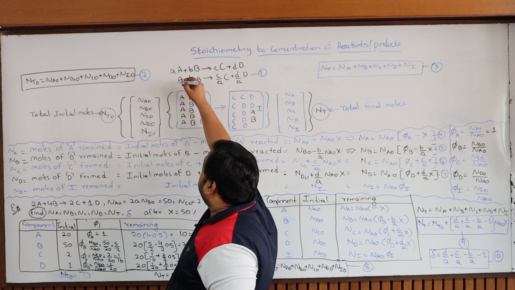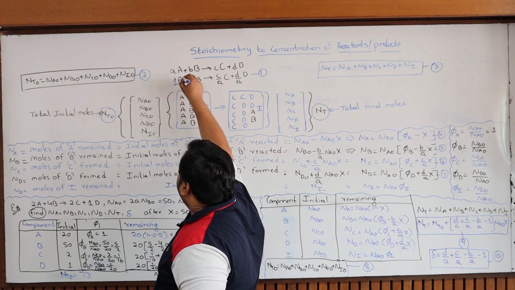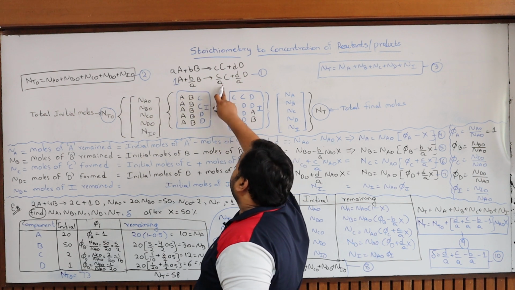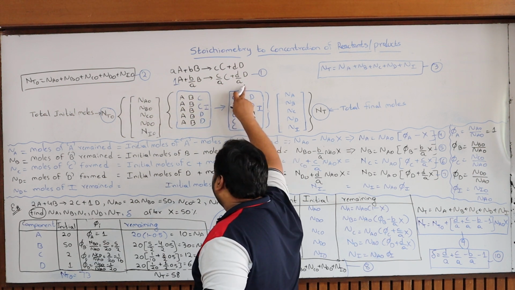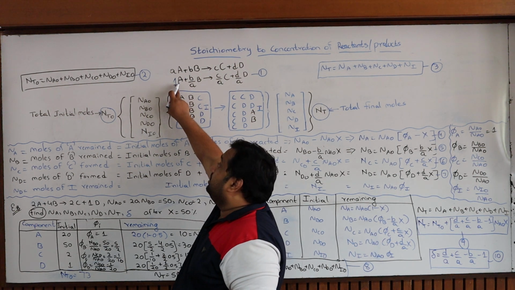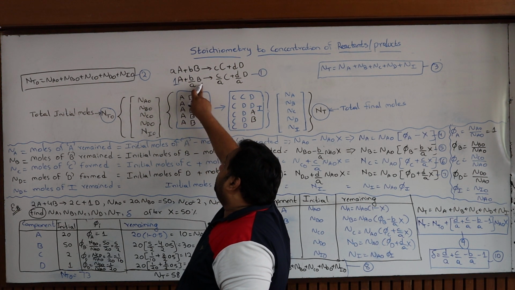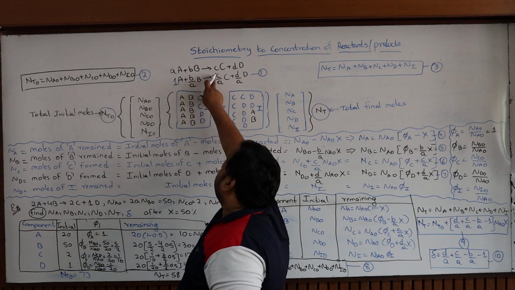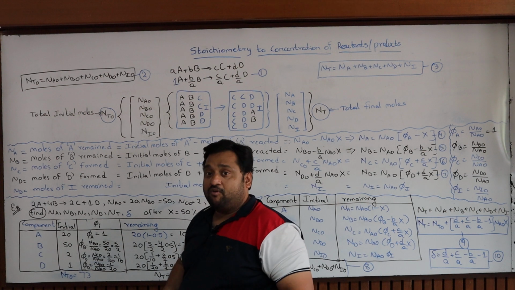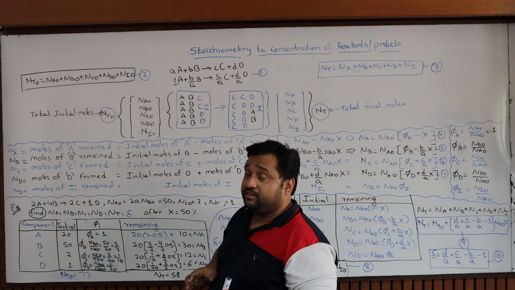So always compare per 1 mole of A how much B will be consumed, how much C will form and how much D will form. From this stoichiometry, for every 1 mole of A reacted, b/a moles of B will react, c/a moles of C will form, and d/a moles of D will form.